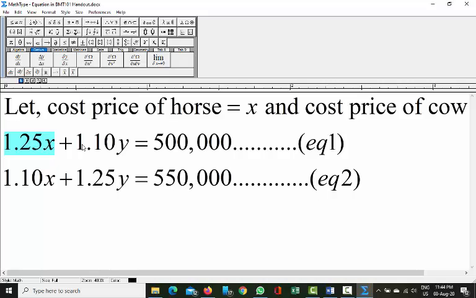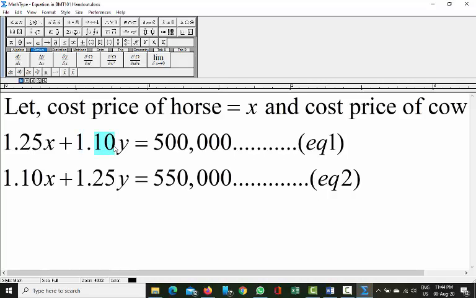Let's suppose the cost of the cow is 1 taka. If you make a 10% profit on the cost, that means you make a 10 paisa profit.